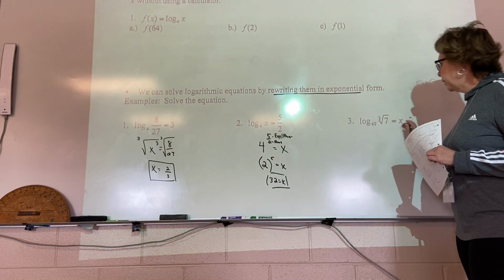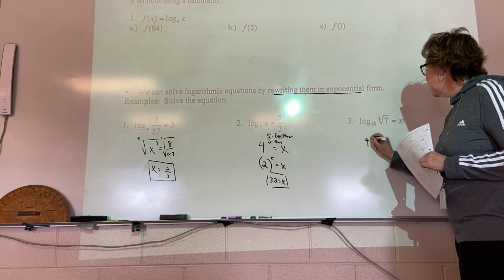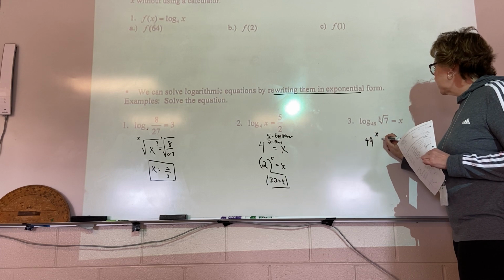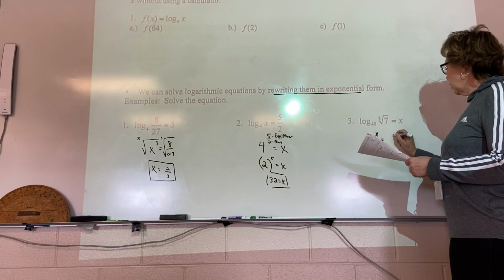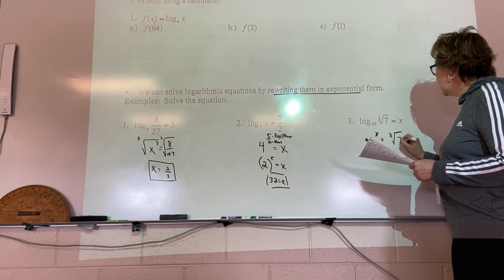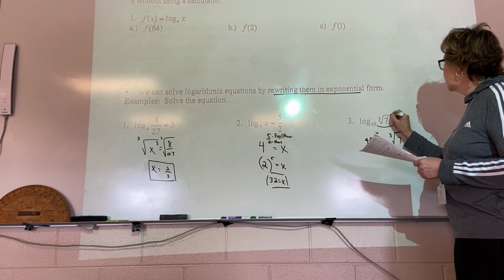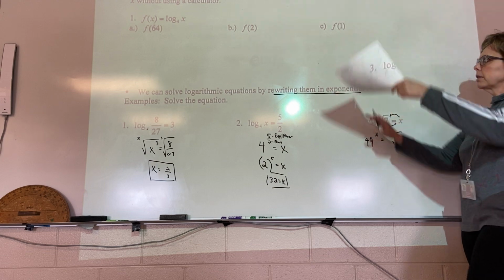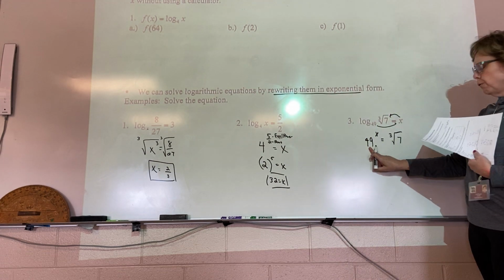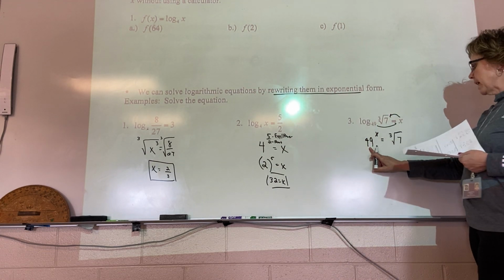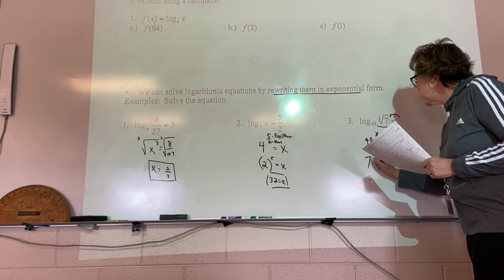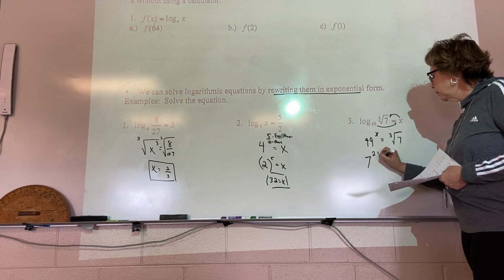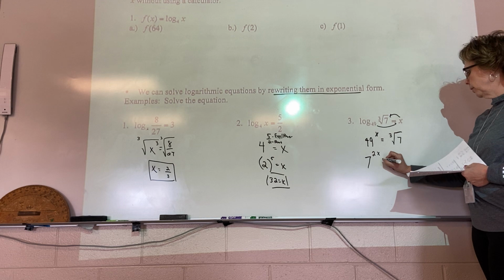And then example 3, I've got x in a different spot. 49 to the x is equal to the cube root of 7. Remember, counterclockwise. Well, this is like the ones I did up here on top. I'm going to take 49 and rewrite it as base 7. So isn't that 7 squared? And we'll put the x next to it.